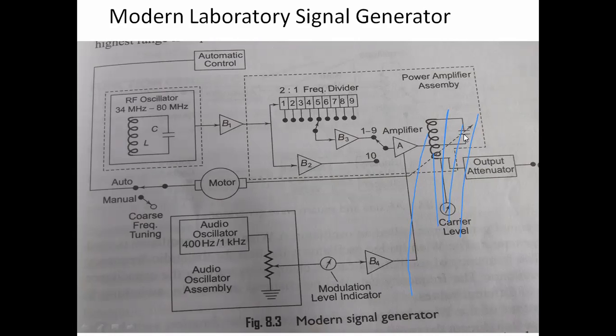Here we can adjust the frequency range also, at the output of the amplifier, and we can also change the voltage range by using the output attenuator. For changing the carrier level we can use this one, the carrier level.